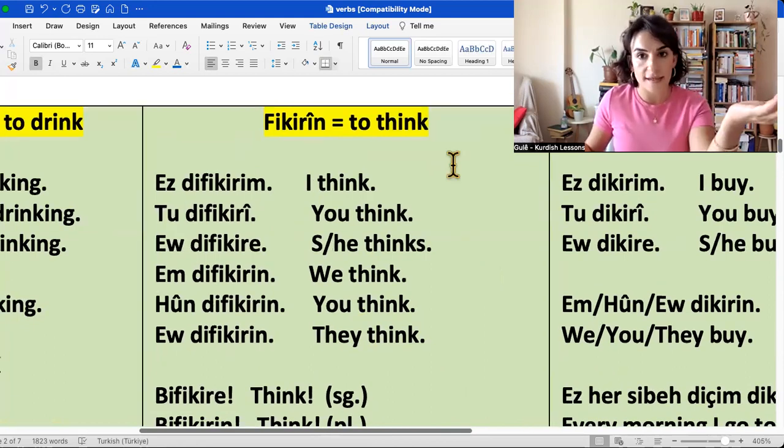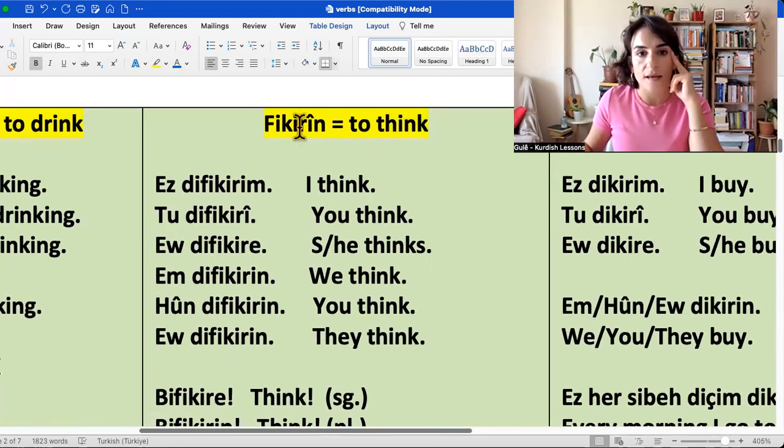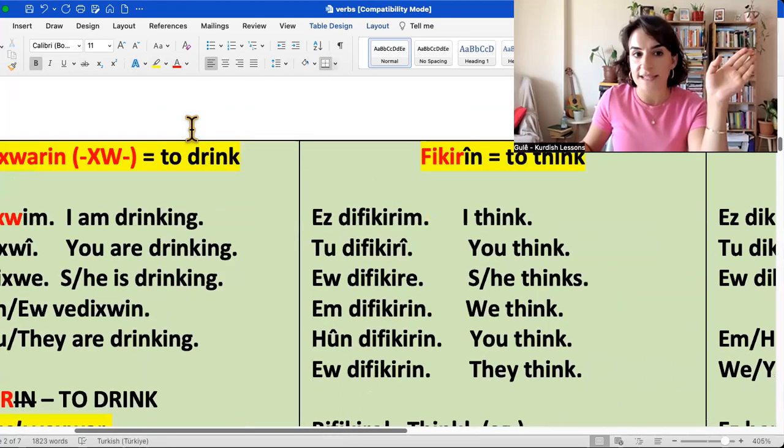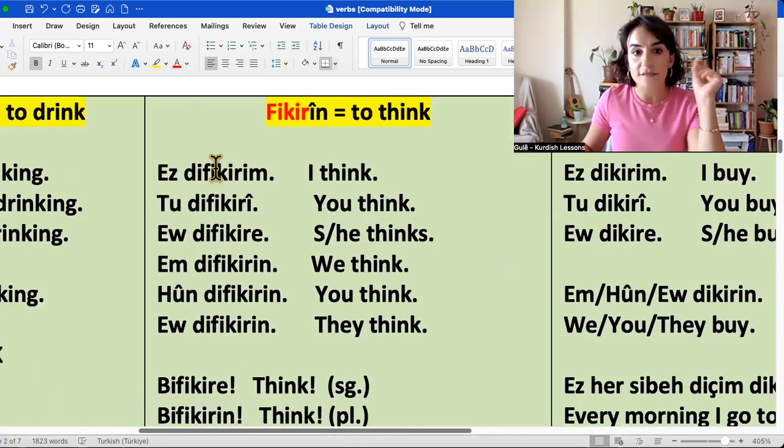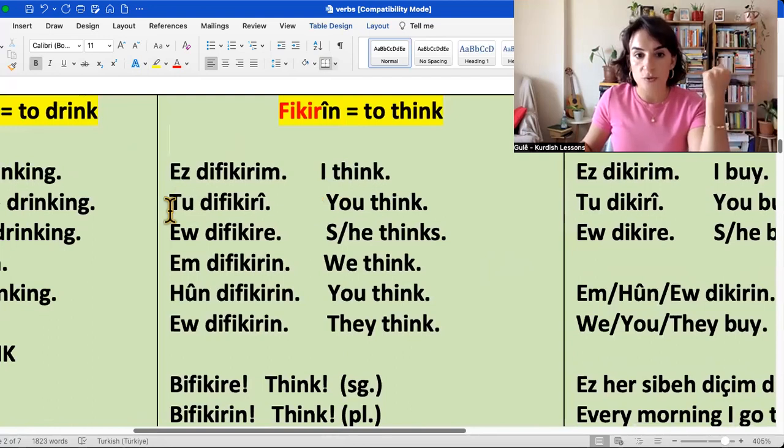Now let's have a look at the second verb. Fikirin is to think. The present stem is fikir. In this case, it's a simple verb without any prefix, no prefix. So: ez difikirim, tu difikiri, ew difikire, em difikirin, hun difikirin, ew difikirin.